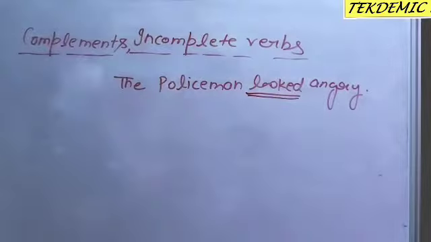And looked is an incomplete verb. Why? Because it requires a word, not an object. There is a difference between intransitive verbs and incomplete verbs. It requires only a word.